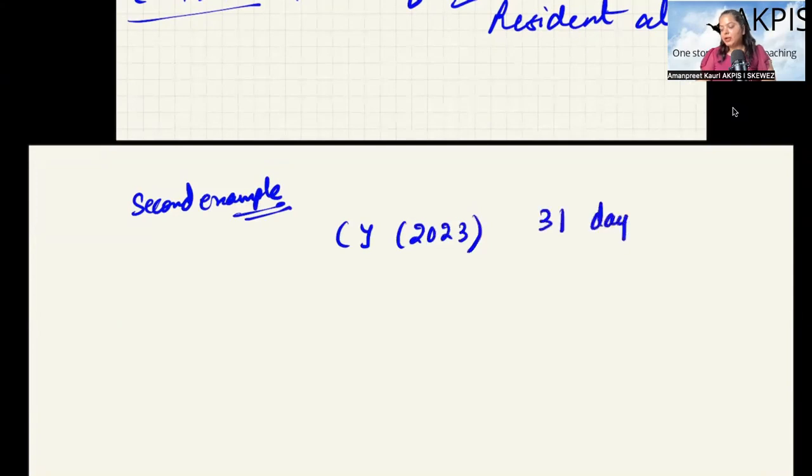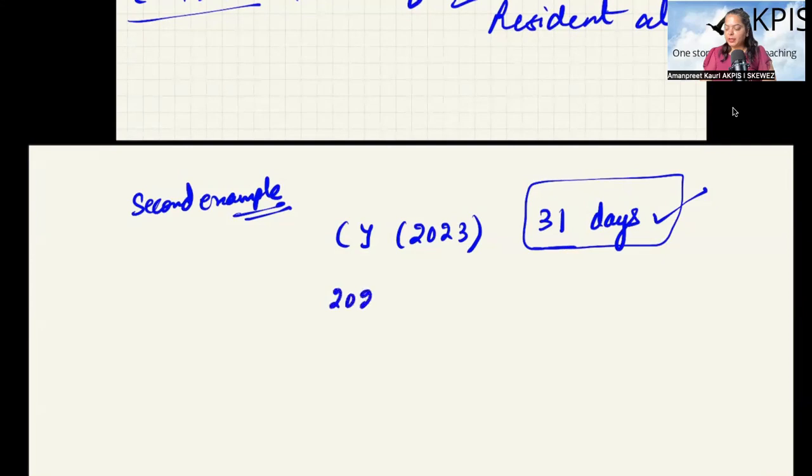Is condition number 1 satisfied? Yes, condition number 1 gets satisfied. So do we need to check condition number 2? Yes, because condition number 1 is satisfied. If here it would have been less than 31 days, then straight away non-resident. But here, since condition number 1 is satisfied, he is there for at least 31 days, now condition number 2 needs to be checked.